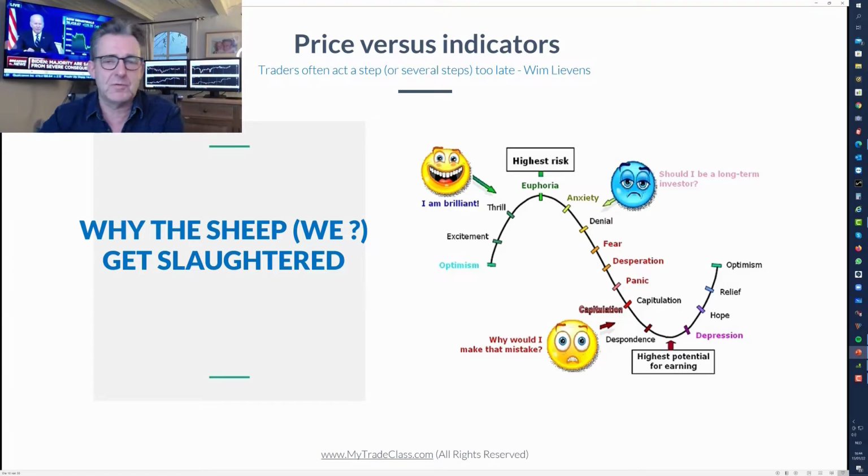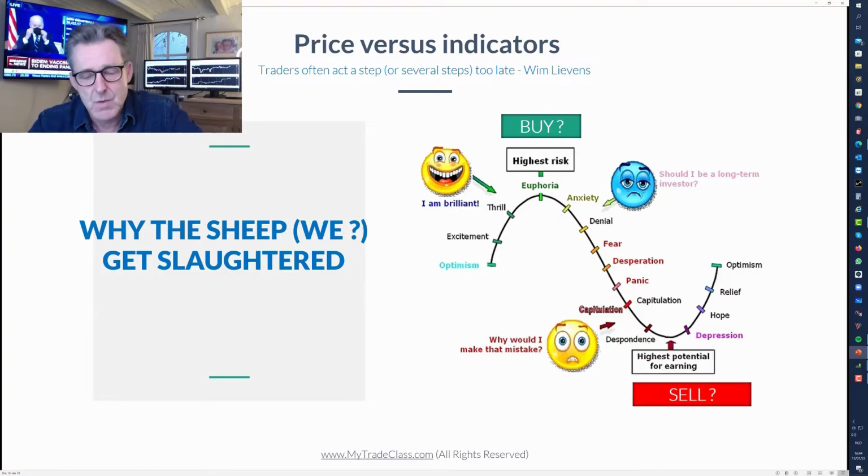Now, most of you know this slide, but it is oh so true, because you probably saw it in the disclaimer. In Europe today, 70% of all traders lose money.